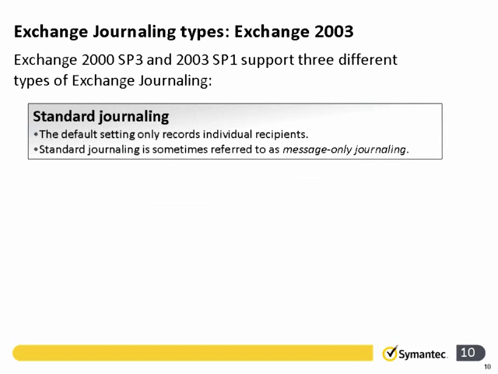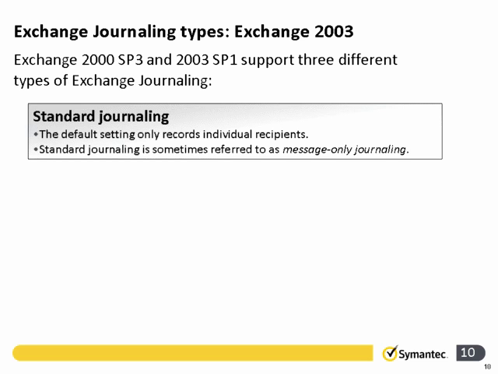Now, the next thing we need to look at as far as journaling types is based upon the version of Exchange that you're working with. So we're going to start off with the Exchange 2003 environment, and this is technically Exchange 2000 Service Pack 3 and Exchange 2003 Service Pack 1 and beyond, which support the types of journaling we're going to talk about. The first is called standard journaling.